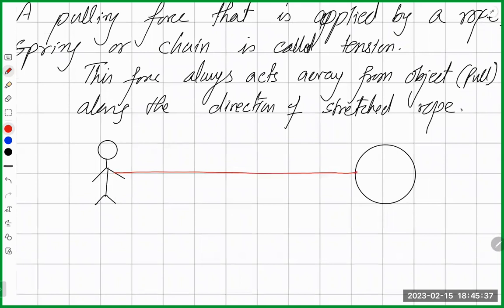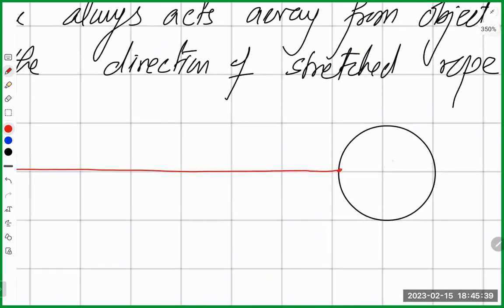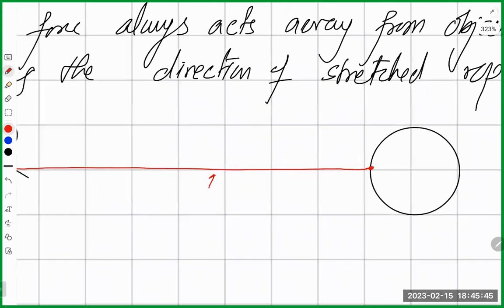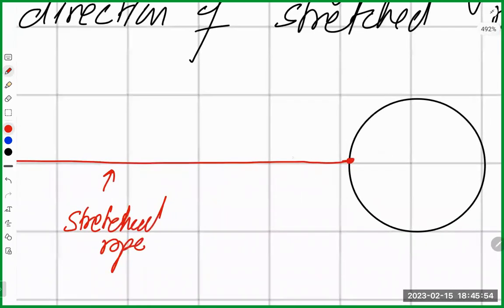This is a mass, and there will be tension in the rope. This is a stretched rope, so it will be pulling the object away. So the direction of tension on this object will be away from the object. And that is true for every tension. It is always acting away from the object along the direction of the rope.